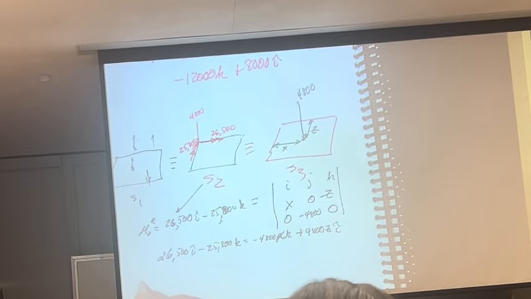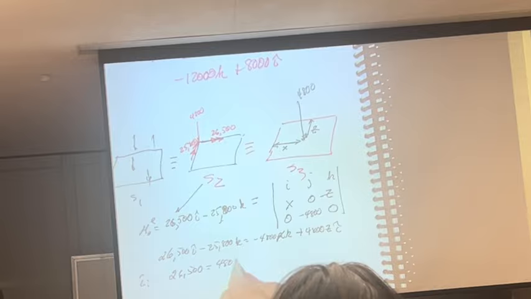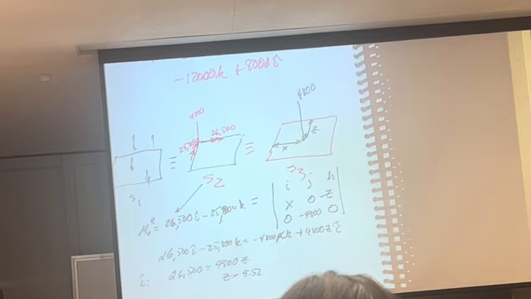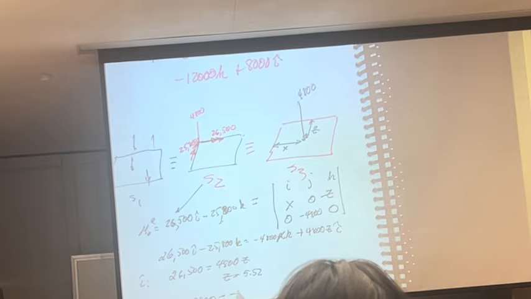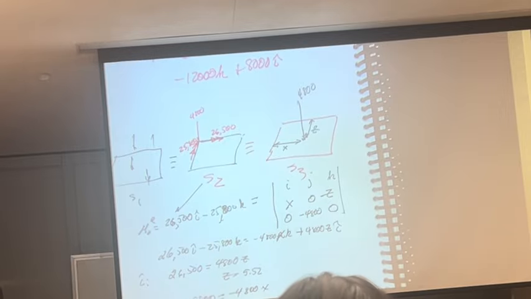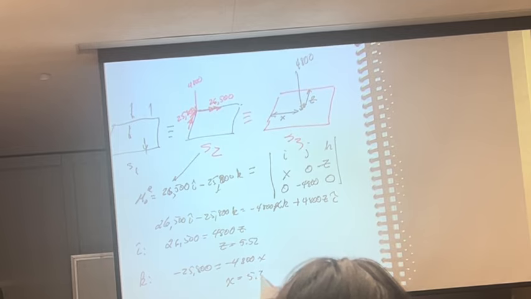Now I just simply equate the I's. 26,500 is equal to 4,800Z. Z is going to come out to 5.52. K's: minus 25,800 must equal minus 4,800X. X is going to equal 5.375.